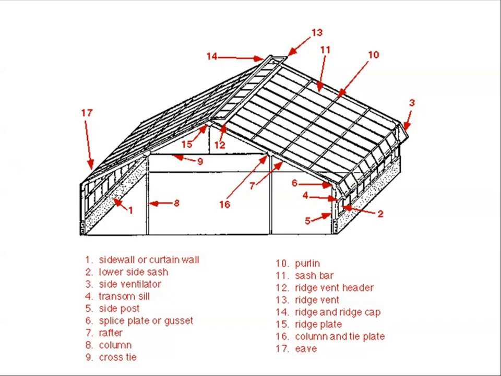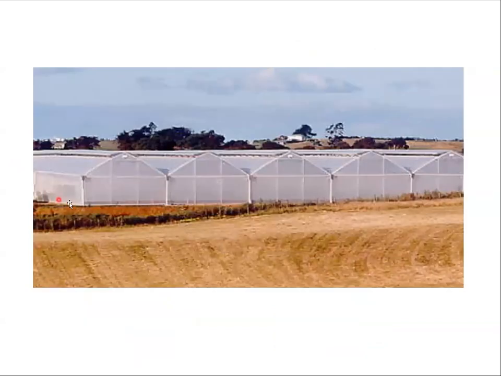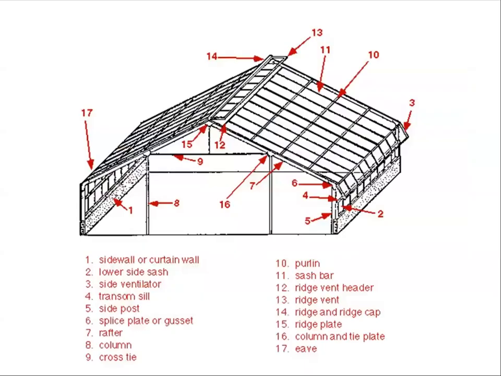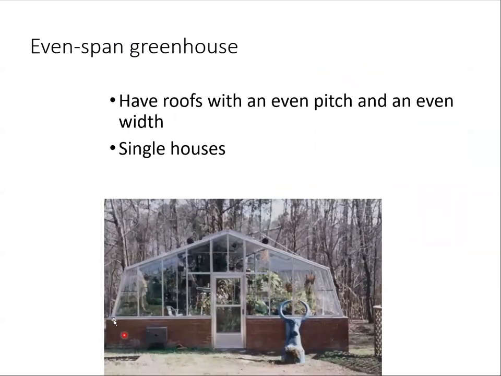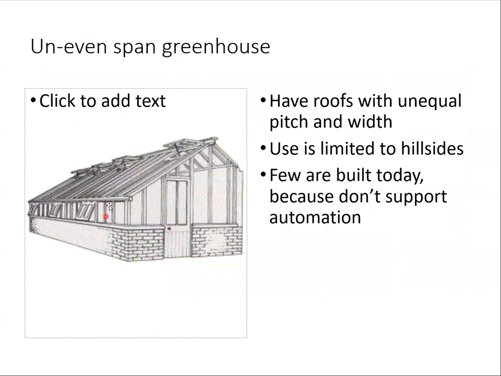Okay, so in these ones, there's no true curtain wall. The glazing goes basically all the way down to the ground. In this example, which is similar to the uneven span, right? This is a curtain wall. Here, side sash.